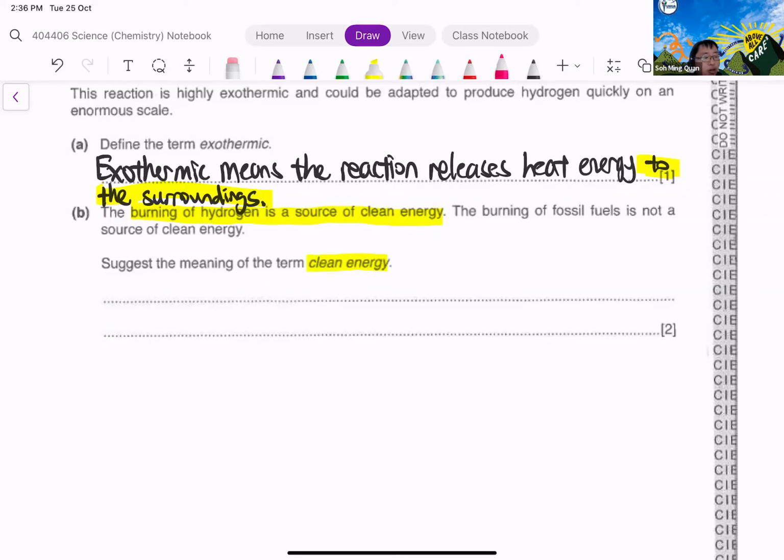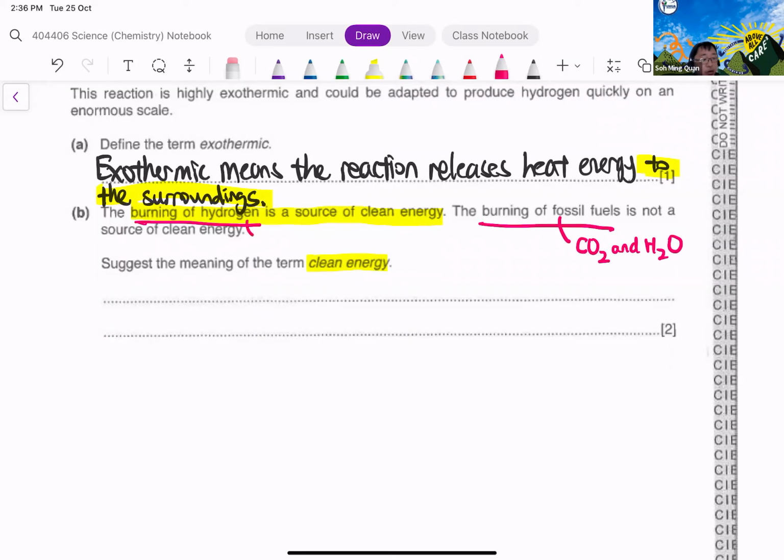So obviously it has something to do with hydrogen burning. How is hydrogen burning different from burning fossil fuels? Fossil fuels, we have learned. If you burn fossil fuels, you will form CO2 and H2O, right? Complete combustion gives you CO2 and H2O.